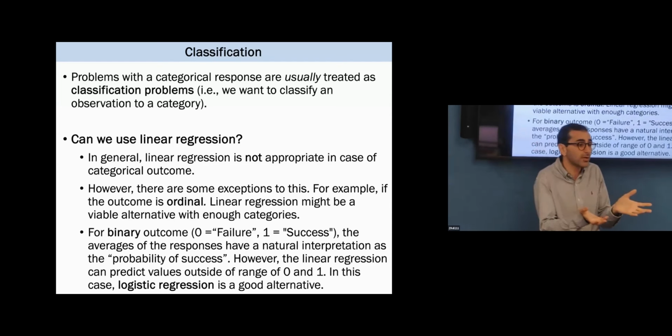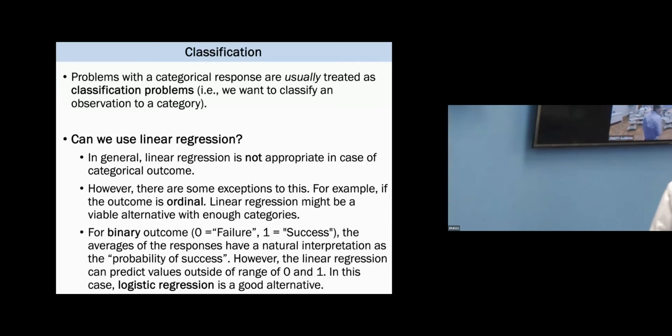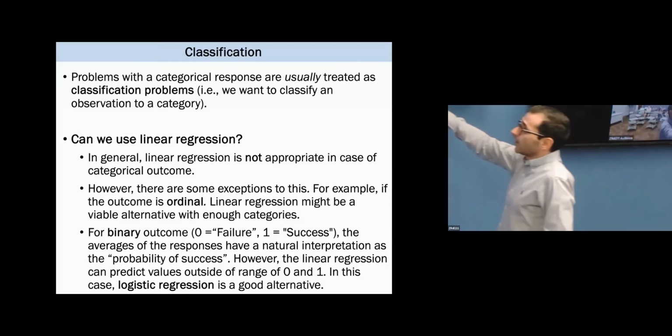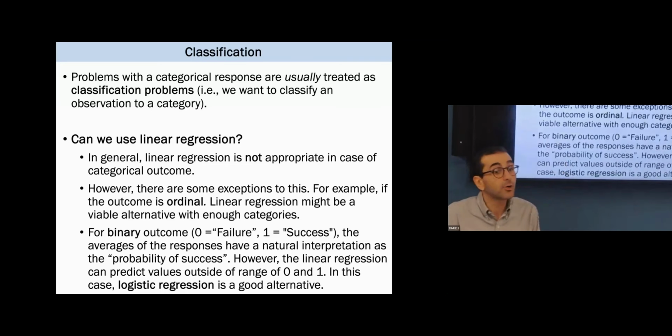Okay, we know linear regression. Why don't we apply linear regression to the case where I have a categorical response? In general, I'm going to say that linear regression is not appropriate to use anytime we have a categorical output, a categorical response variable.